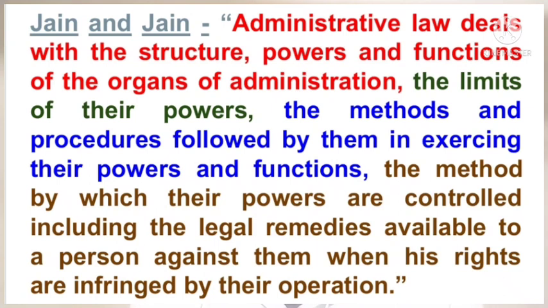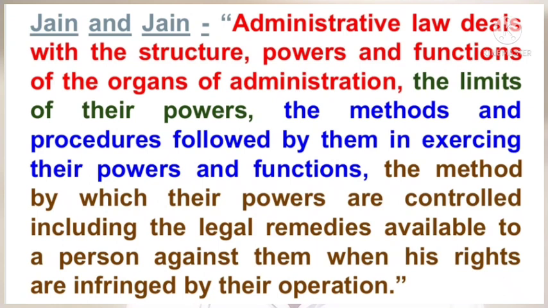Firstly, it deals with the composition and powers of administrative authority. Secondly, it deals with the limits of the powers of those authorities. Thirdly, it prescribes the procedure to be followed by these authorities in exercising such powers. And fourthly, it controls these administrative authorities through judicial and other organs.